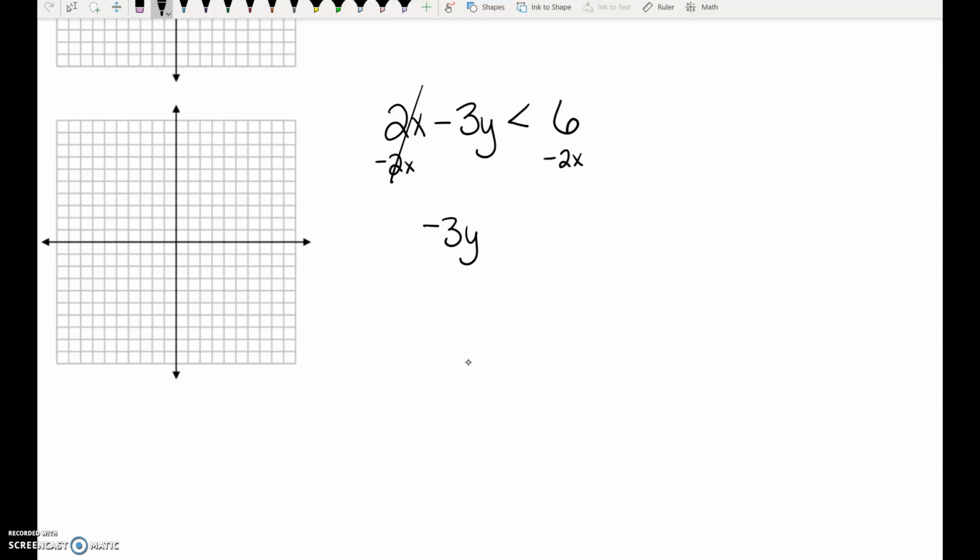Negative 3y is less than, you can't combine these. Then we would divide by negative 3. When you divide an inequality by a negative, that sign is going to switch. So it's going to become y is greater than positive 2/3 x minus 2.